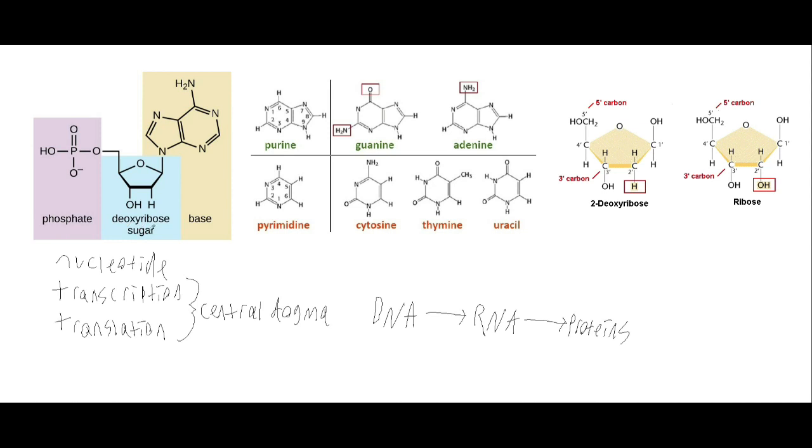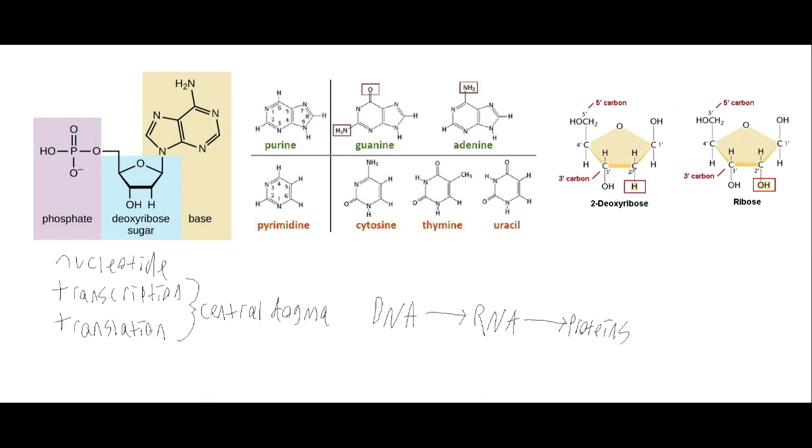It's a deoxyribose. We can see over here, deoxyribose has just hydrogens on this 2' carbon, and ribose has a hydroxyl group here. So deoxy, no oxy, no oxygen. It's deoxyribose, or 2-deoxyribose, because it is the 2' carbon.